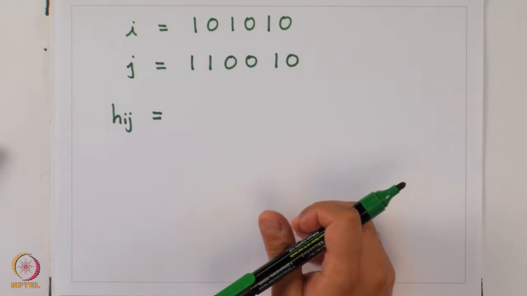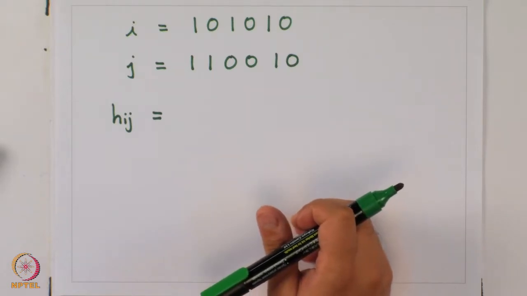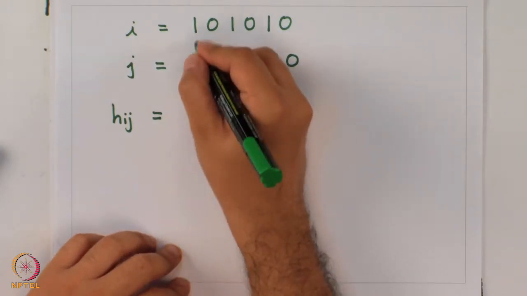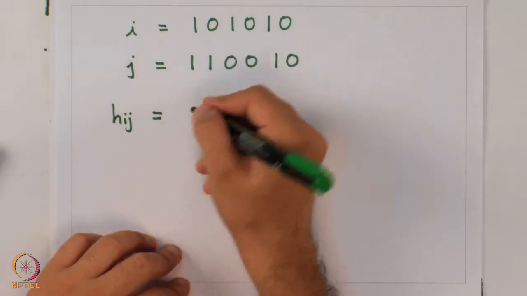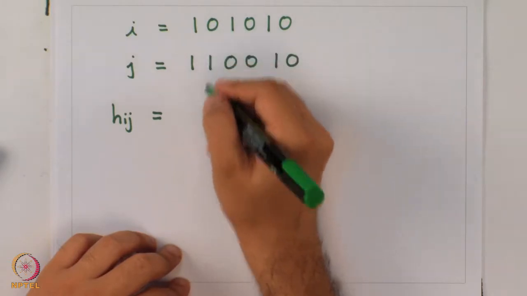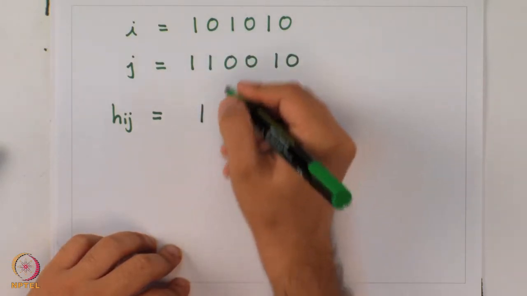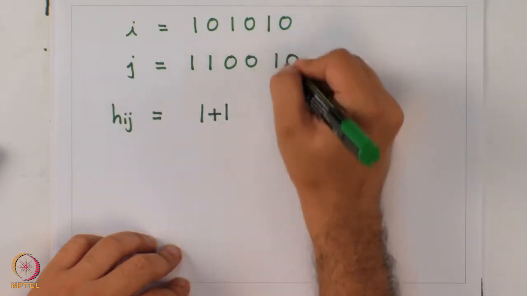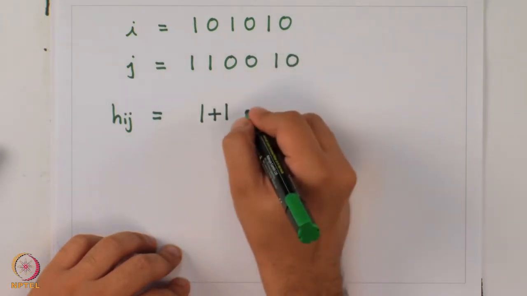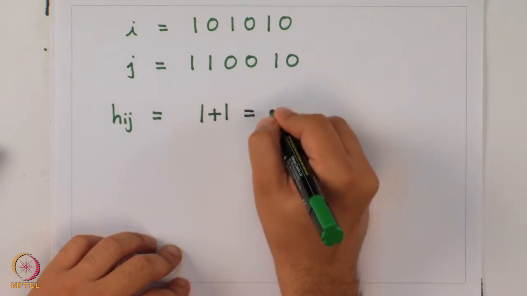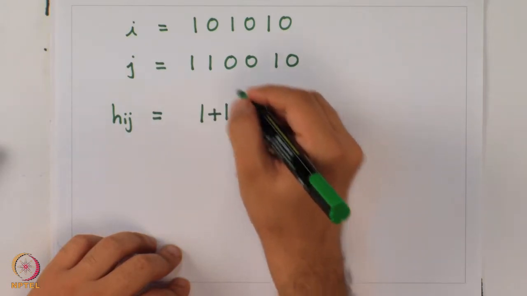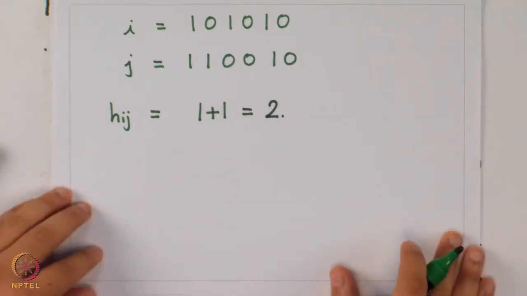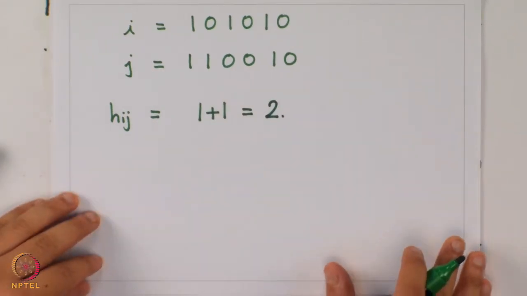Okay. So, first position is the same, so this does not count. Second position is distinct, so Hamming distance 1. Third position is distinct, Hamming distance 2. Fourth, fifth, sixth positions are identical. So, the Hamming distance between these two sequences I and j is equal to 2. That is the definition of a Hamming distance.